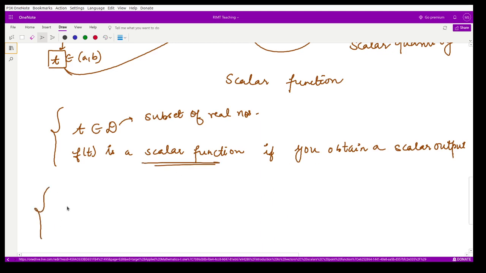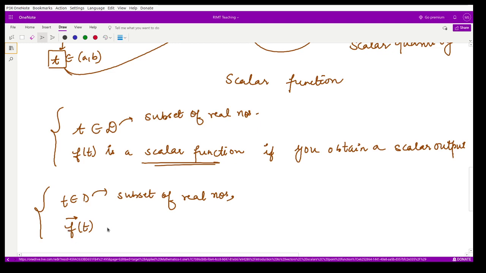Next, let us define a vector function. For any t belonging to D, where D is a subset of real numbers, you define a function f of t. Now you write an arrow over it. Why? Because this is a vector function, right? It denotes that f of t is now a vector function.